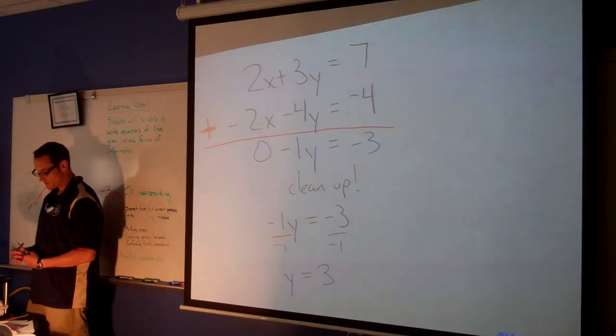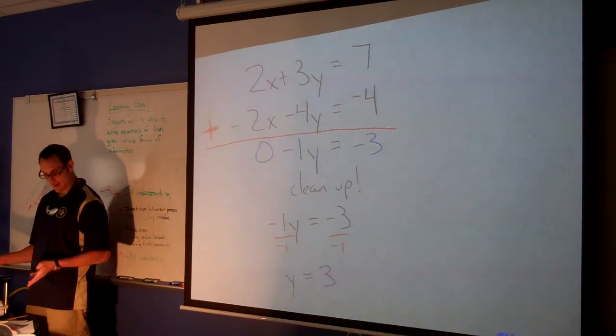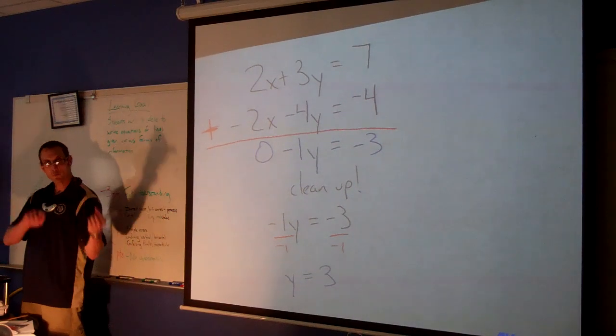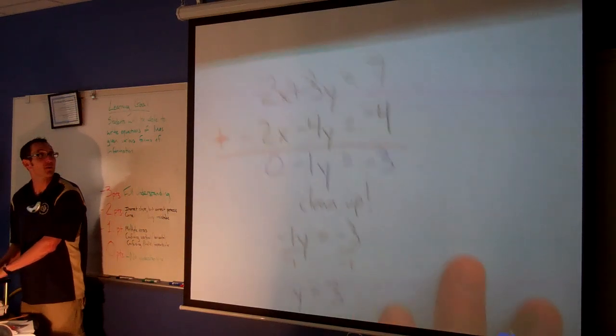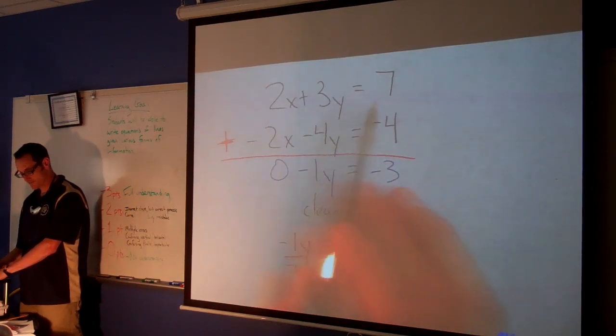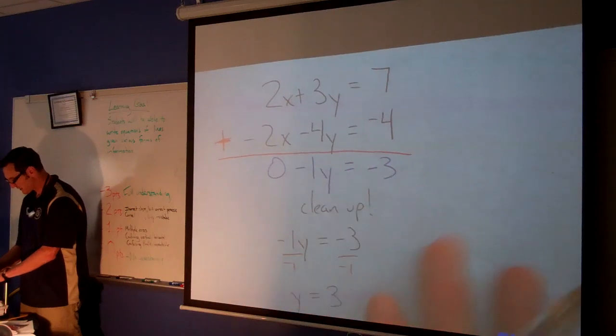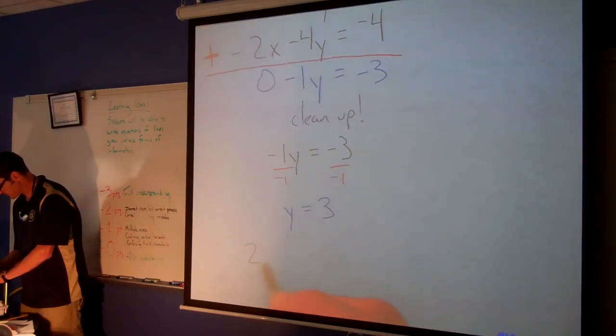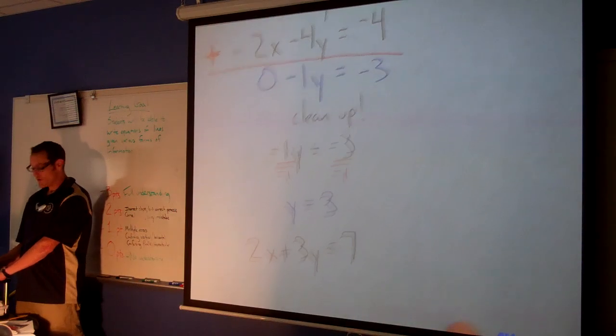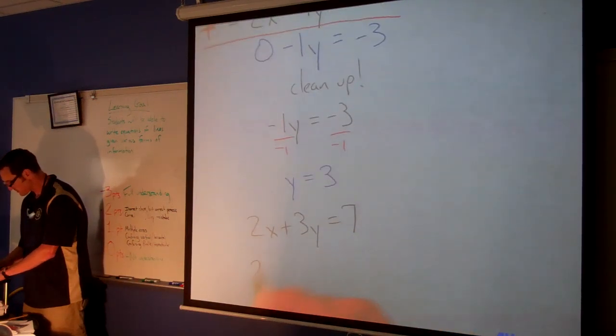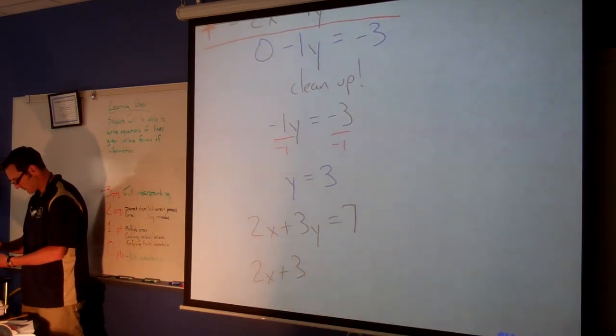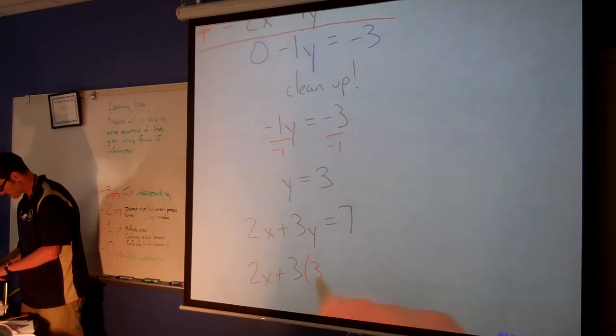Now, if you remember, what do we have to do? Plug that value into an original equation. So we can pick either original equation. Doesn't matter. And I'm going to pick the first one. So if we start with 2x plus 3y equals 7, we know that y equals 3. We can substitute that value. So no longer 3y, it's 3 times 3.